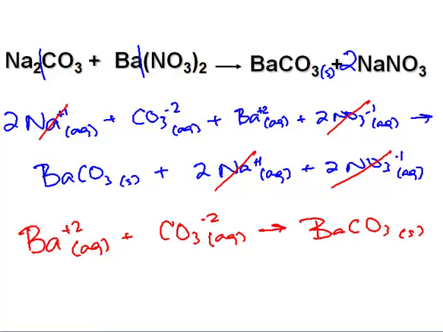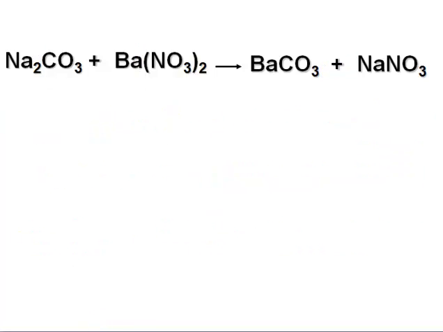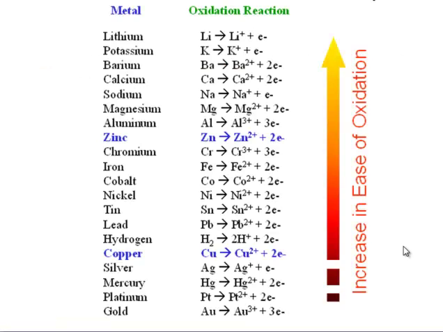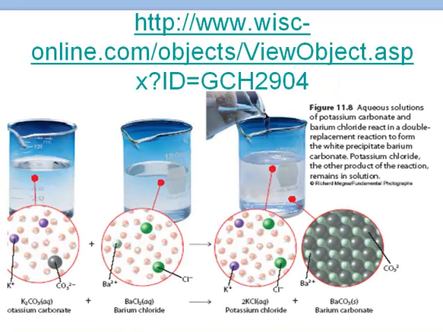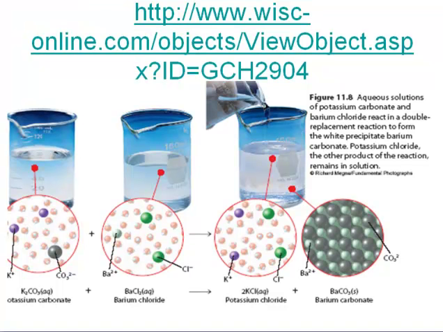Okay? Now, if you look at this, once again, this is our activity series of metals. We use this for our single replacement. We don't use this for our double replacement. We use the solubility charts. And the solubility chart looks like this.